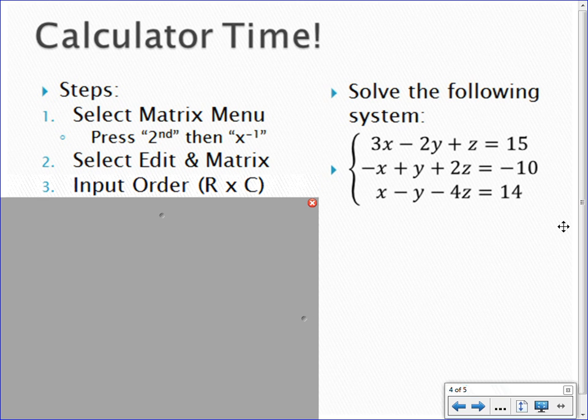Okay. So pick like matrix A to edit. The first thing you need to do is input the order. What's going to be the order of our augmented matrix? 3 by 4. 3 rows by 4 columns.